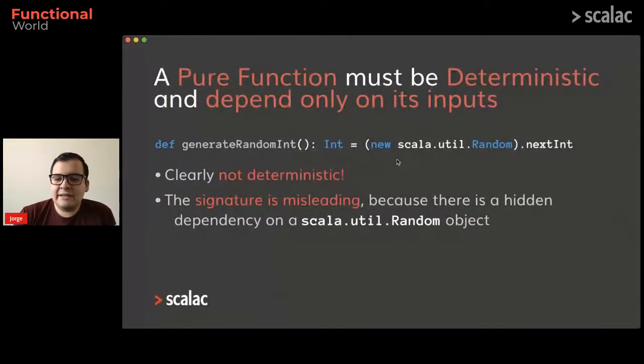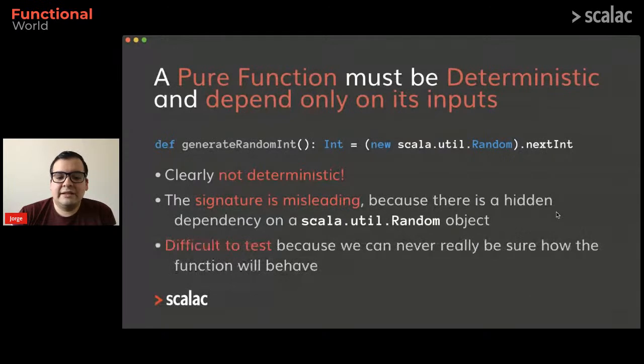But there is a dependency, and that dependency is hidden inside the implementation of generate random int. So the signature is confusing, again misleading. And it's difficult to test because we can never really be sure how the function will behave, because every time we call it, we get a different answer.